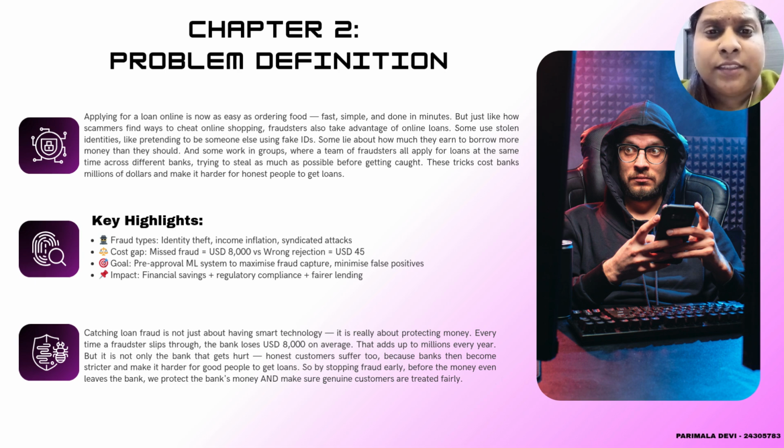Missing a fraud case can cost about USD 8K, while rejecting a real customer wrongly only costs USD 45. So, using a smart system to stop fraud early helps the bank save money and treat honest customers fairly. This makes the lending system safer and more trustworthy.